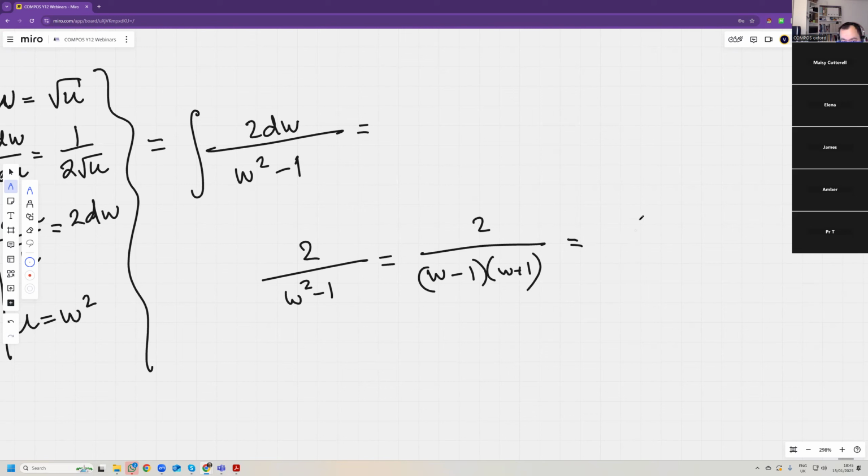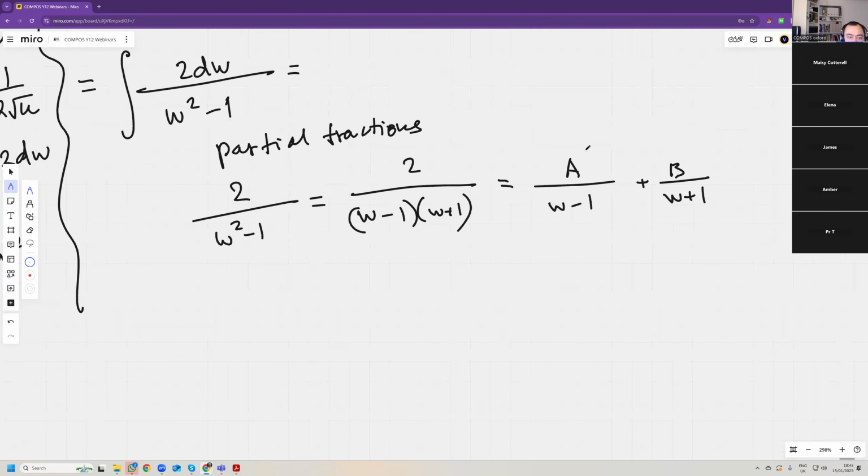And I know that this can be written as a sum of two fractions, a over w minus 1 plus b over w plus 1. So this is the partial fractions method. And then we can find a and b.